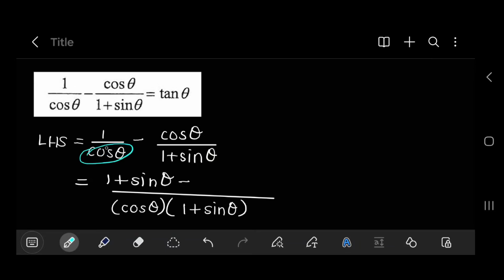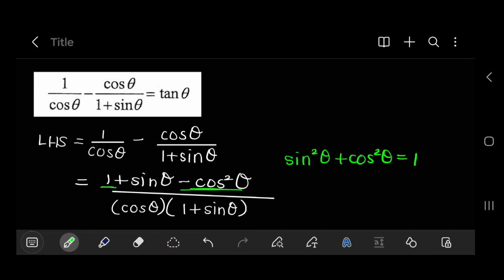And we are now going to cross multiply the other way, so we have cos theta times cos theta, which gives you cos squared theta. Now in your numerator, what I need you to notice is that you've got this 1 minus cos squared theta. So those two terms together come from your identity: sine squared theta plus cos squared theta equals 1.